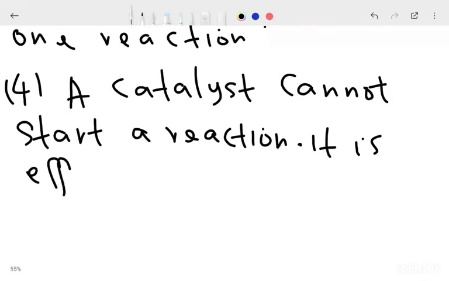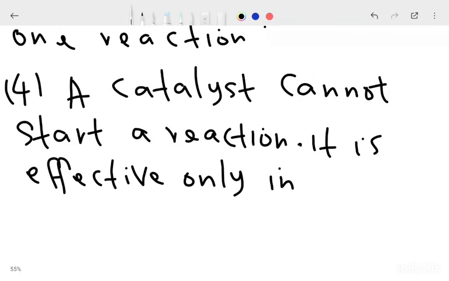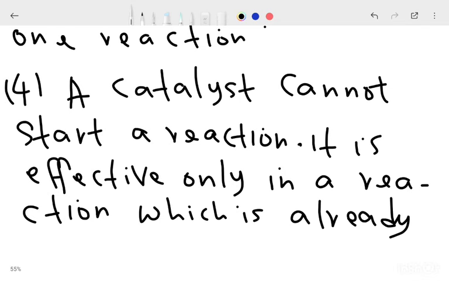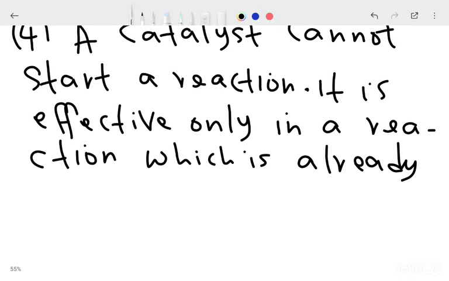It is effective only in a reaction which is already in progress.